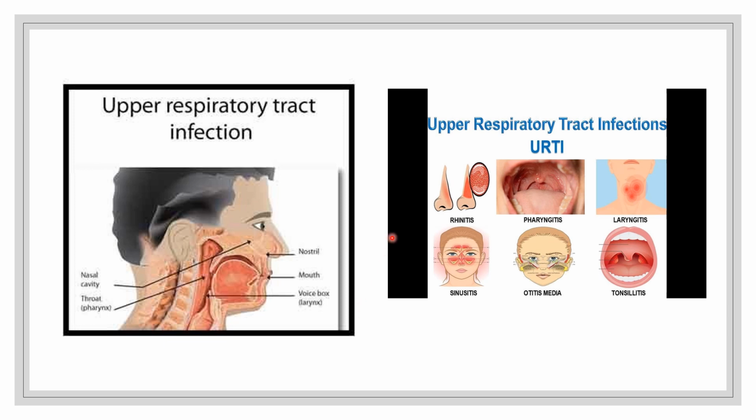Other types of infections may be pharyngitis, laryngitis, sinusitis, even otitis media, that is the inflammation of the middle ear, which is also included in URTI. Tonsillitis is also included in URTI.